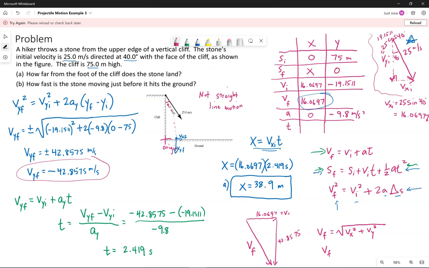So we know Vx final, we know Vy final. So plugging that in, let me try that again. Square root 16.